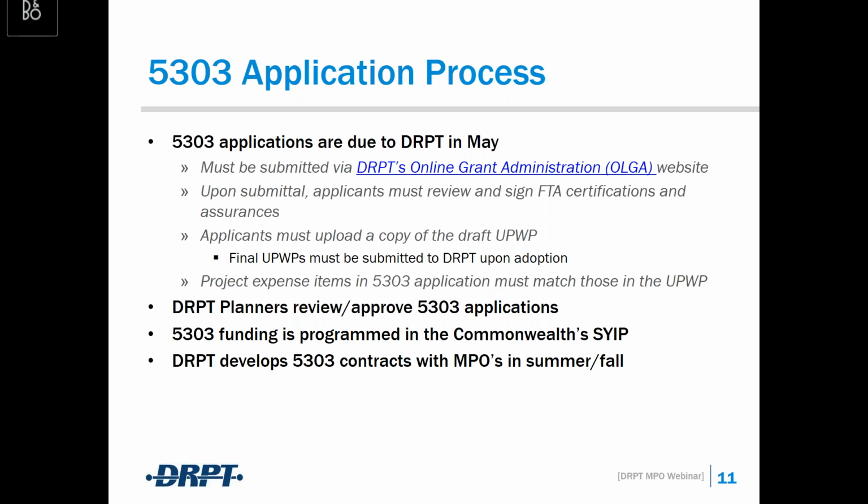As we are reviewing your 5303 applications, we are looking for the expense items to match those that are listed in the UPWP. So those two figures need to align. We will review and approve the 5303 applications. Once they are approved, the 5303 funding is programmed in the Virginia SIP. And then shortly after that, DRPT works to develop 5303 contracts with each of your organizations in the summer and the fall.